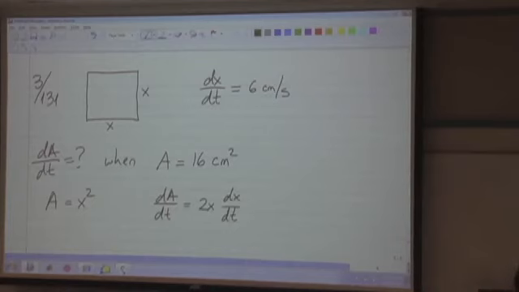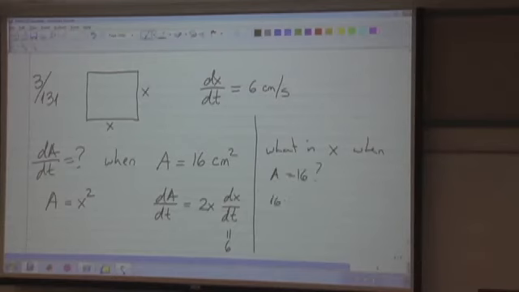dx over dt is equal to 6. What is x equal to? What is x when A is equal to 16?